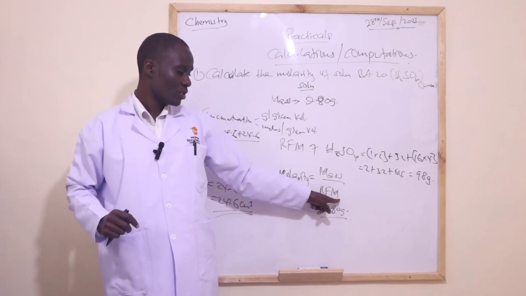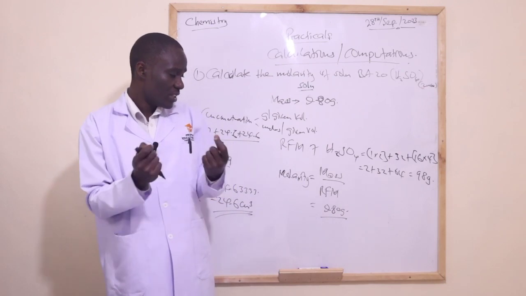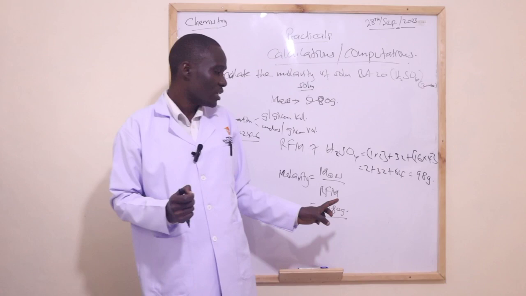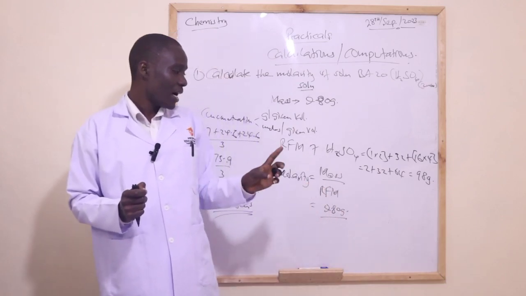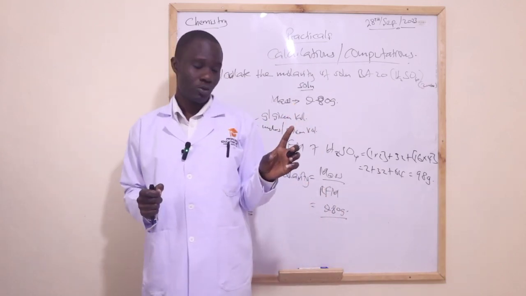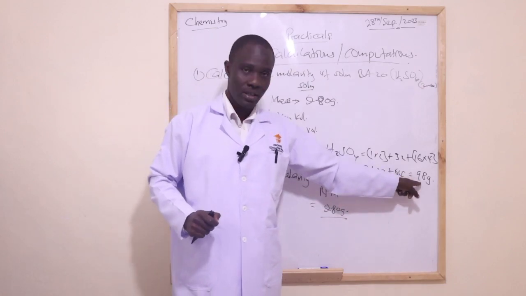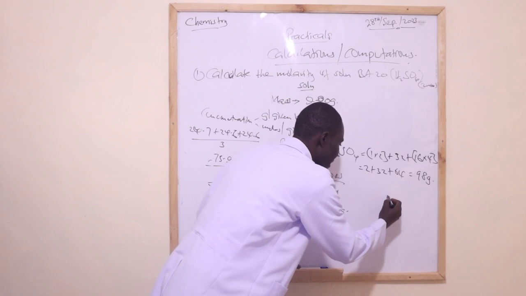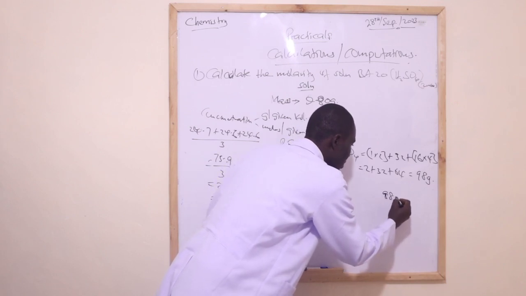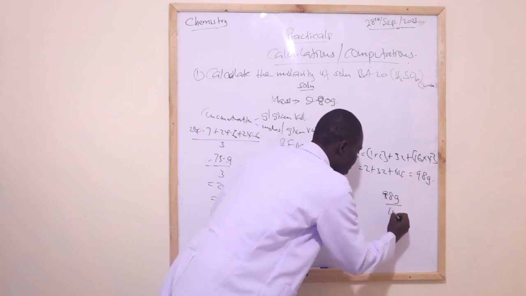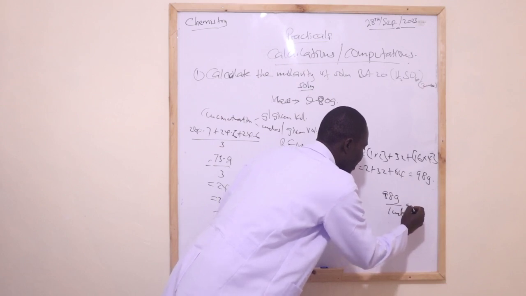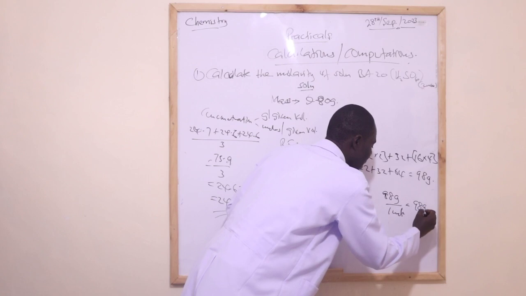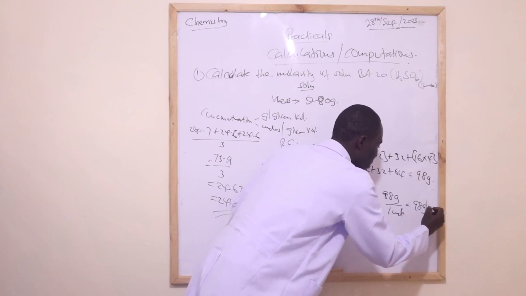The molar mass is simply the mass in 1 mole of any substance. So we need to divide this 98 grams by 1 mole so that we get the molar mass. Dividing 98 by 1 mole, we get the molar mass as 98 grams per mole.